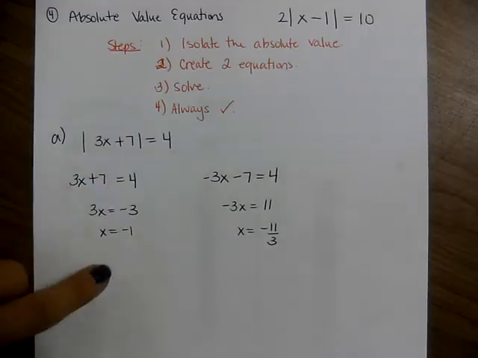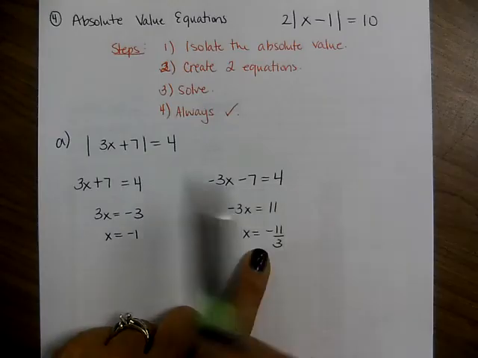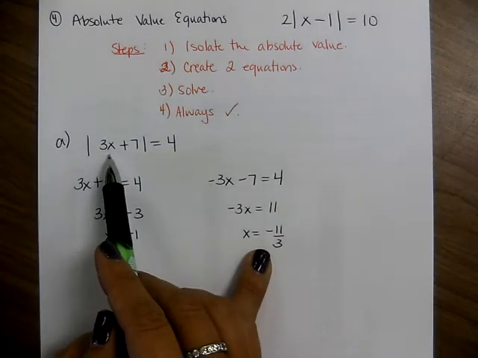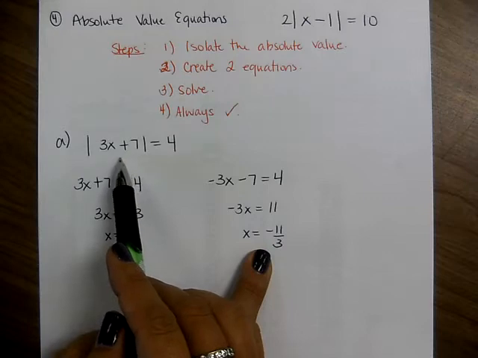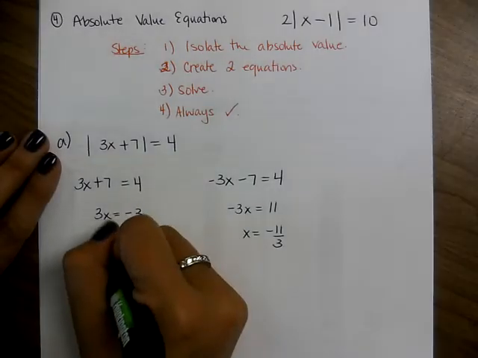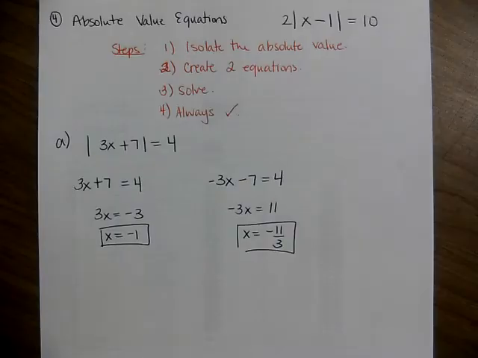Absolute value of 4 is 4. This is a good solution. If I plug in negative 11 thirds, the 3's cancel. I have negative 11. Negative 11 plus 7 is negative 4, but when you take the absolute value, it becomes positive 4. Both are true solutions. You can circle them separately, or you can list them from least to greatest. Either way.